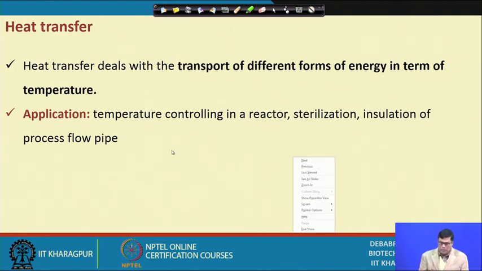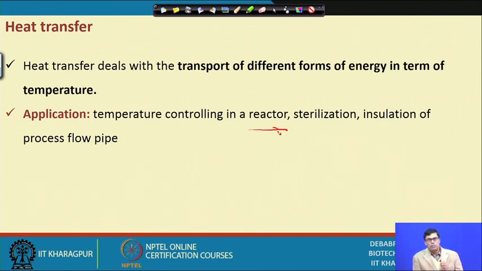In the biochemical industry it is largely applied because we require temperature control in a reactor, as organisms require a particular temperature for their growth and metabolism. Then for sterilization, which is a very important part of the fermentation industry, because we have to kill the other organisms present in the system so that our desired organism can grow.